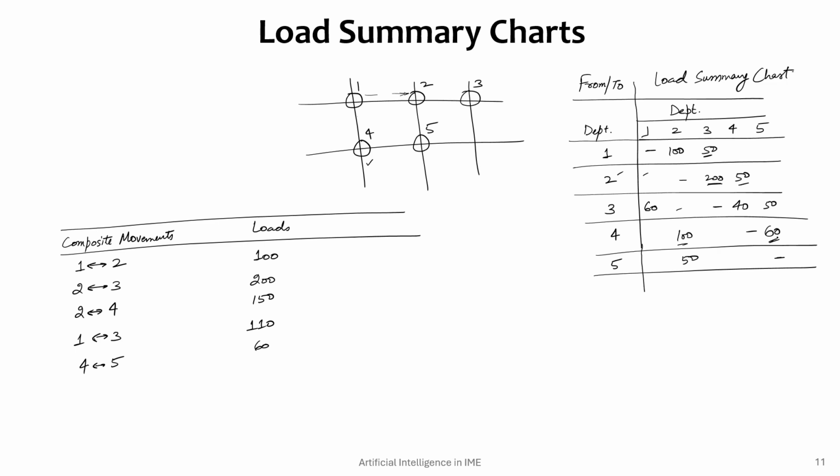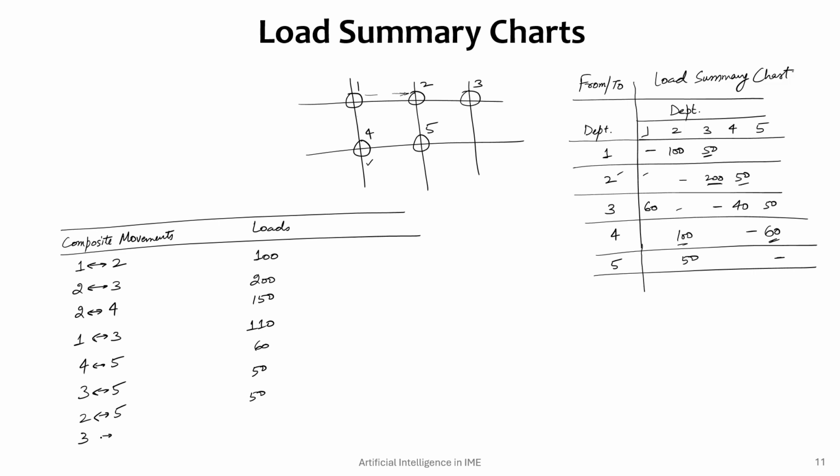From 3 to 5 it is 50, and 5 to 3 is nothing, so the total is 50. From 2 to 5 it is nothing, but 5 to 2 is 50. So this is 50 units again.